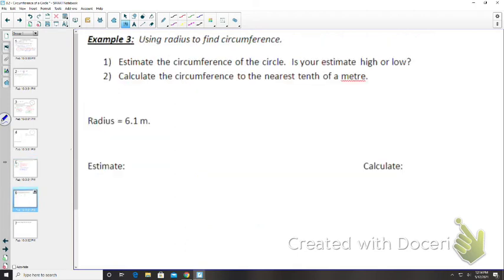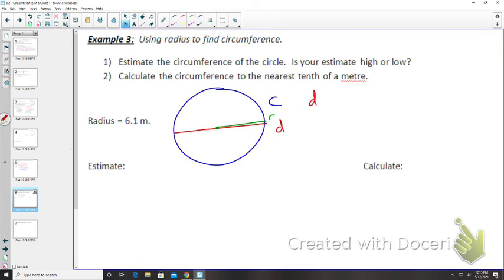Okay, moving on. In this case, we are given the radius. So remember, the blue is going to be my circumference. Red will be my diameter. And green, remember, radius only goes from the middle of the circle to the edge of the circle. Now, remember that the diameter is equal to 2 times the radius.